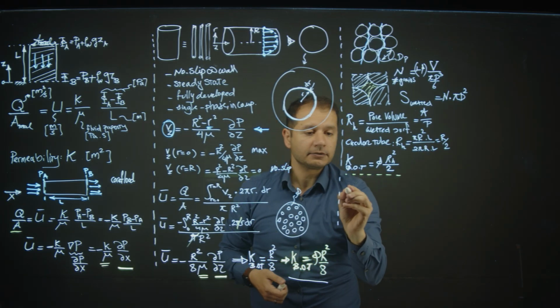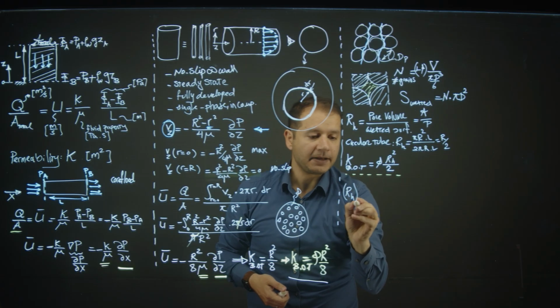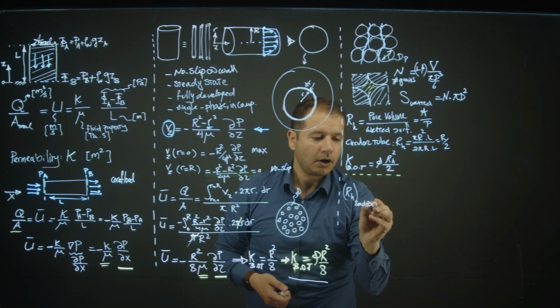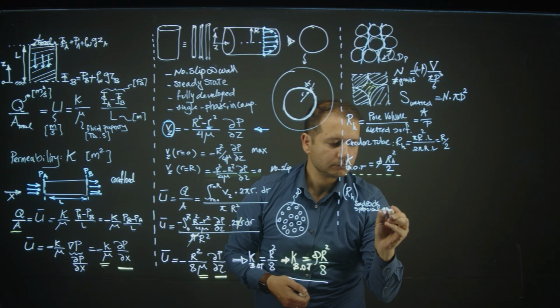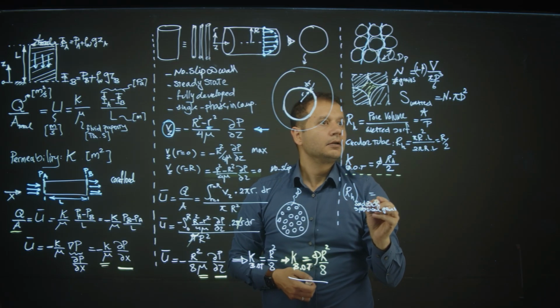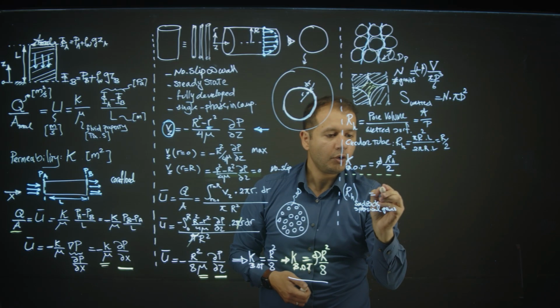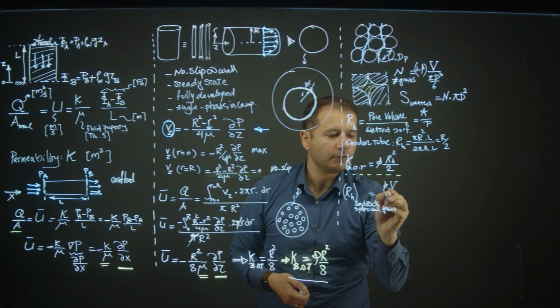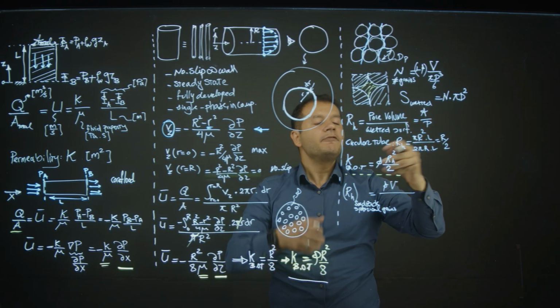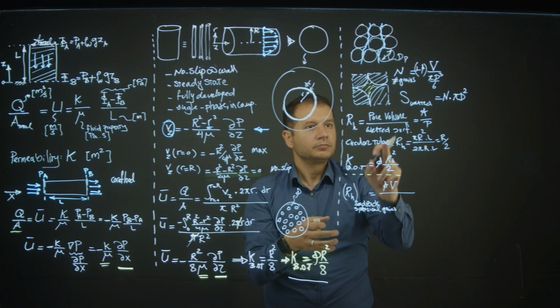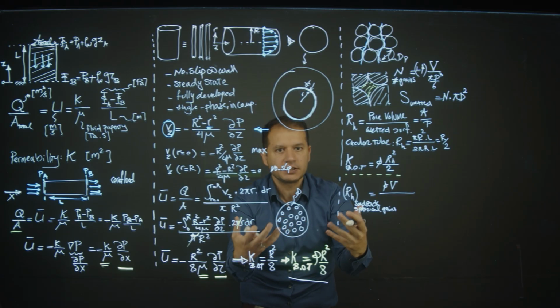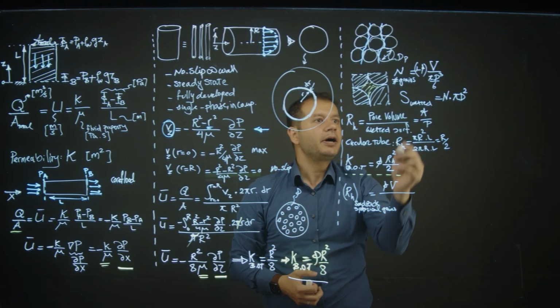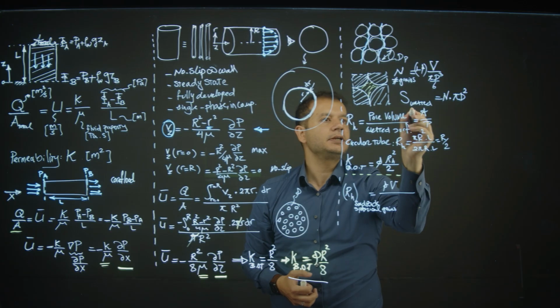So the hydraulic radius for a sand pack of spherical grains will be pore volume divided by wetted surface. Pore volume is porosity times total volume, right? Porosity is the void fraction, divided by wetted surface, which is S here.